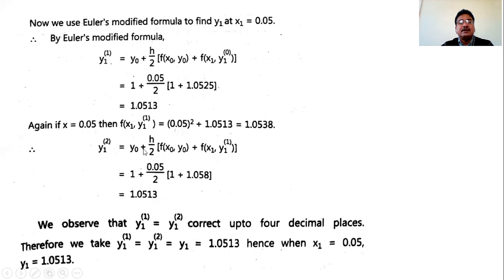Otherwise, if the difference of these two successive values of y1 is larger, then again find y1 superscript 3, y1 superscript 4. So what is y1 superscript 3? It is y naught plus h by 2 f of x naught, y naught plus f of x1, y1 superscript 2. Just write 2 here. In this way, we finalize this y1.